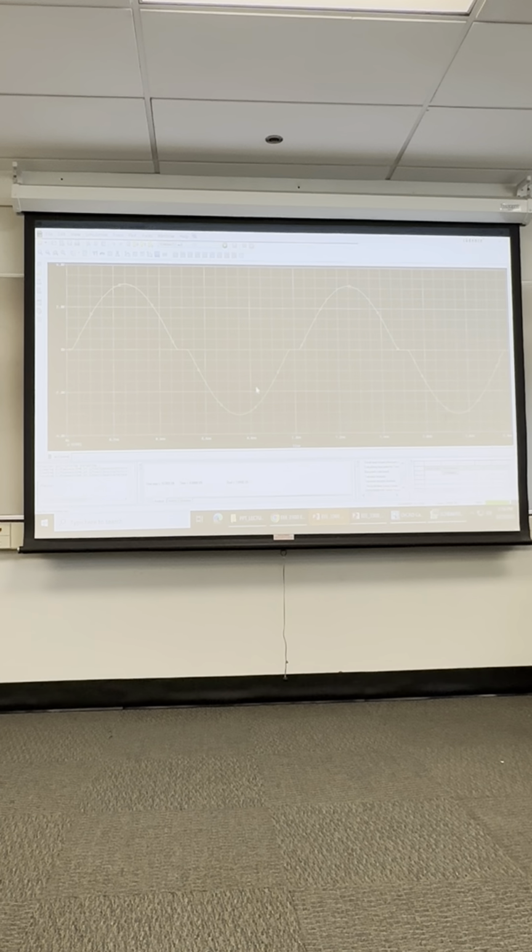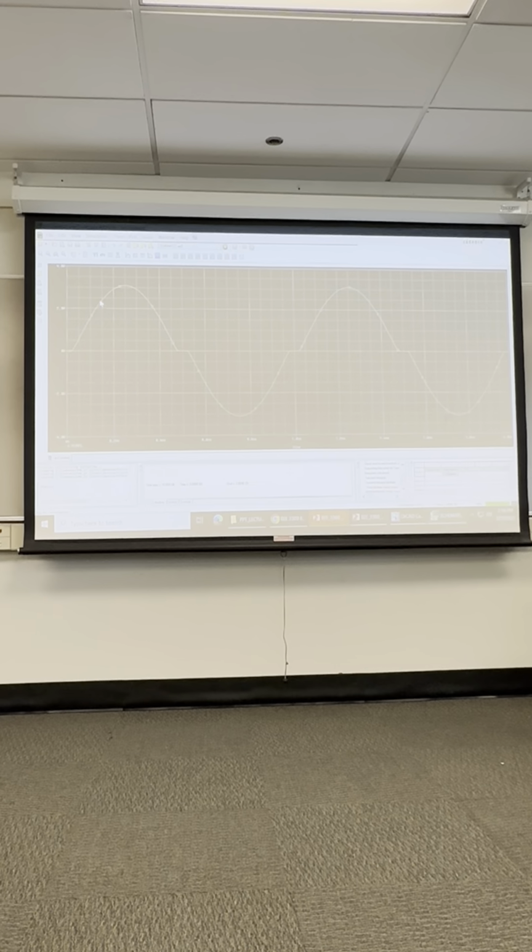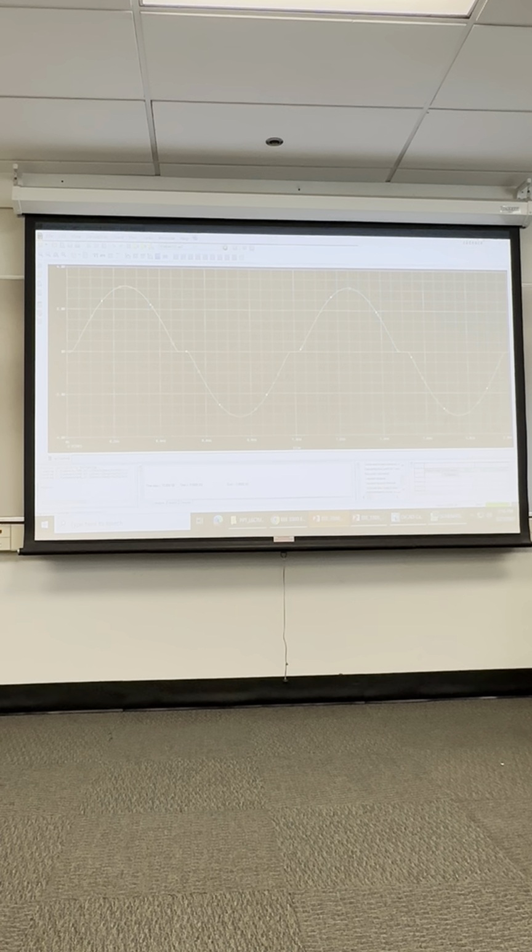So it's showing here that once the input gets right around this, it actually appears like it almost goes very close to 0.